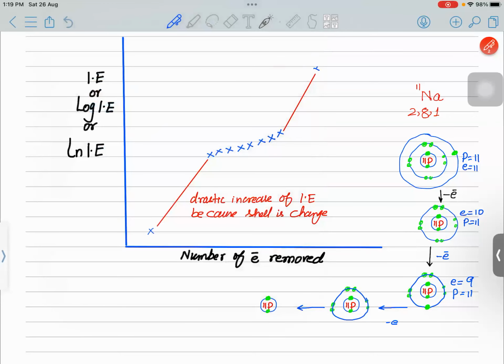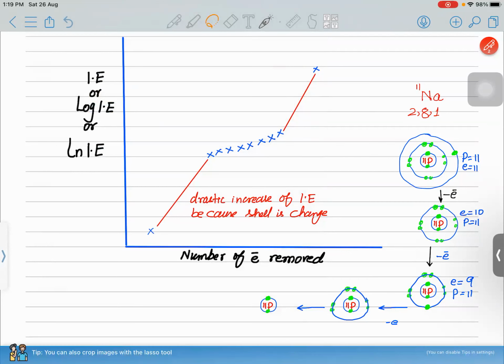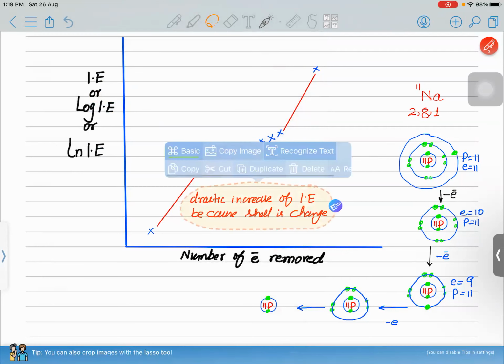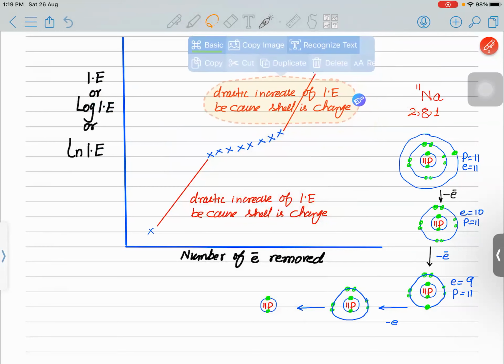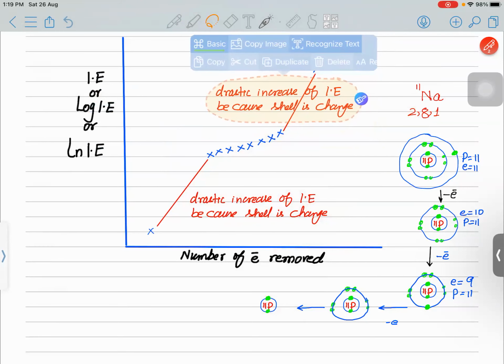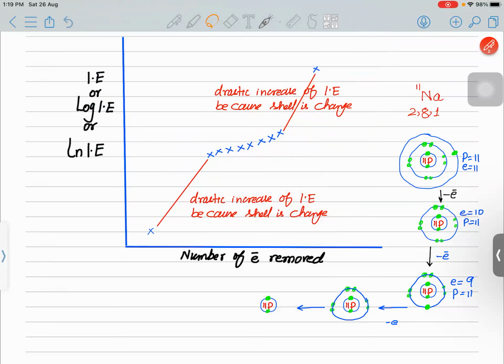Why? Because the shell is again changed. Drastic increase of ionization energy because the shell is changed.